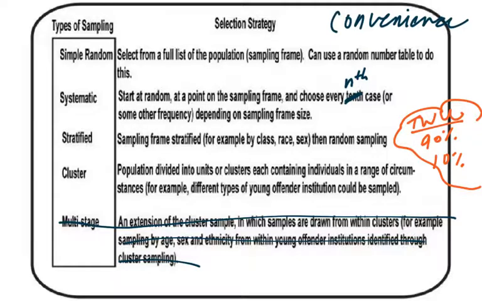So that's stratified sampling. In cluster sampling, instead of individuals being the sampling unit, subgroups of the population are used as a sampling unit. So the population is divided into subgroups, which are known as clusters, and those are randomly selected to be included in the study.